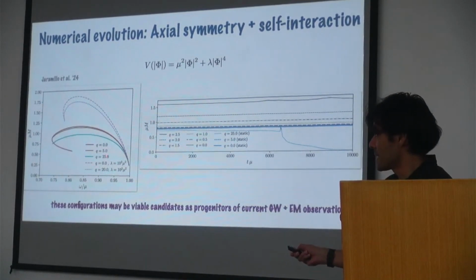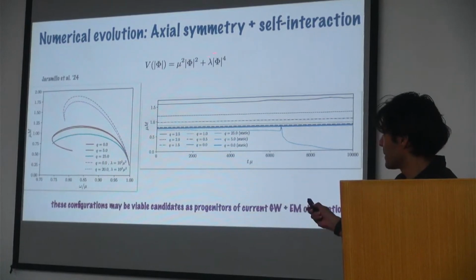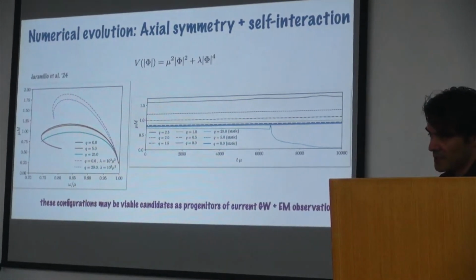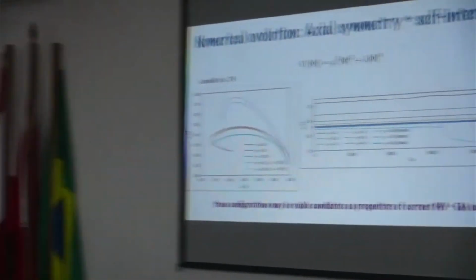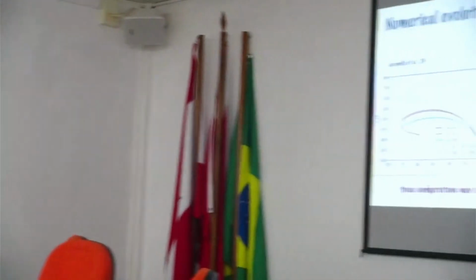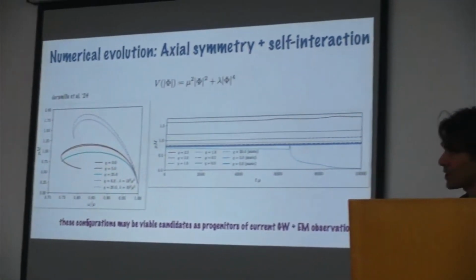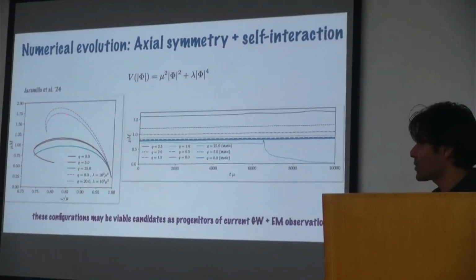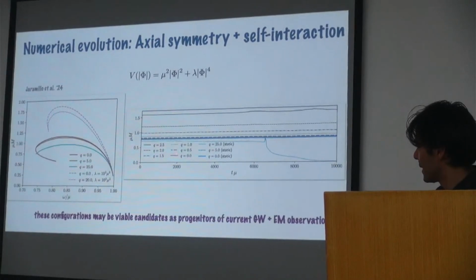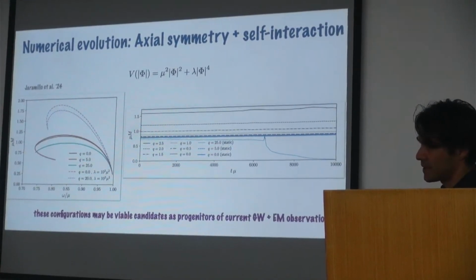So the charge and lambda, the self-interaction constant, are completely independent. Okay, but the stable ones are also with charge, provided that you have the self-interaction. All these configurations with charge are actually not charged, because the total charge of the system is 0, but with a huge magnetic field. Those are stable. Okay.